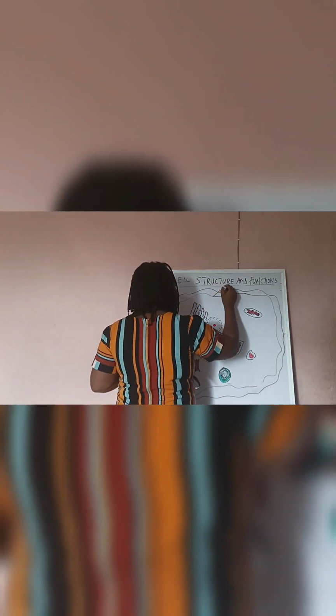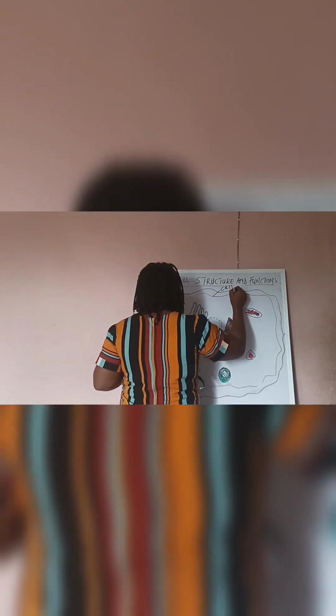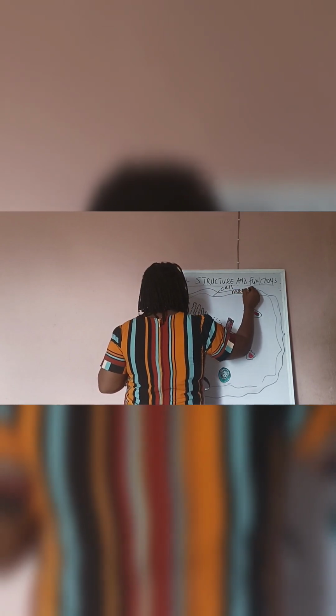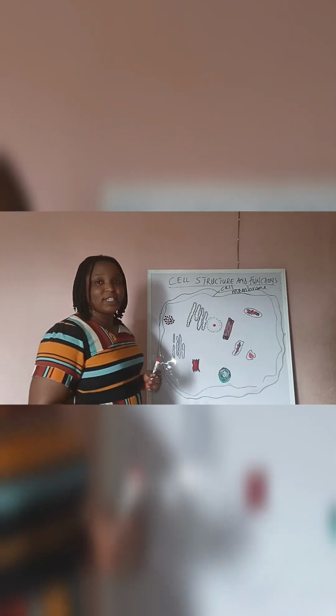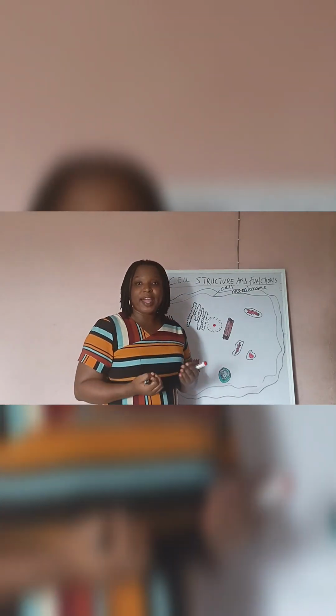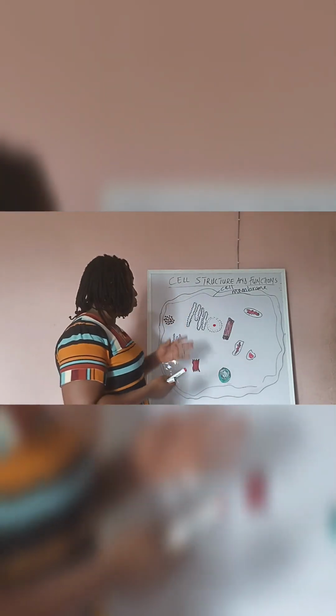This is the cell membrane. I have to draw another layer to show that it is a bilayer, it is double.